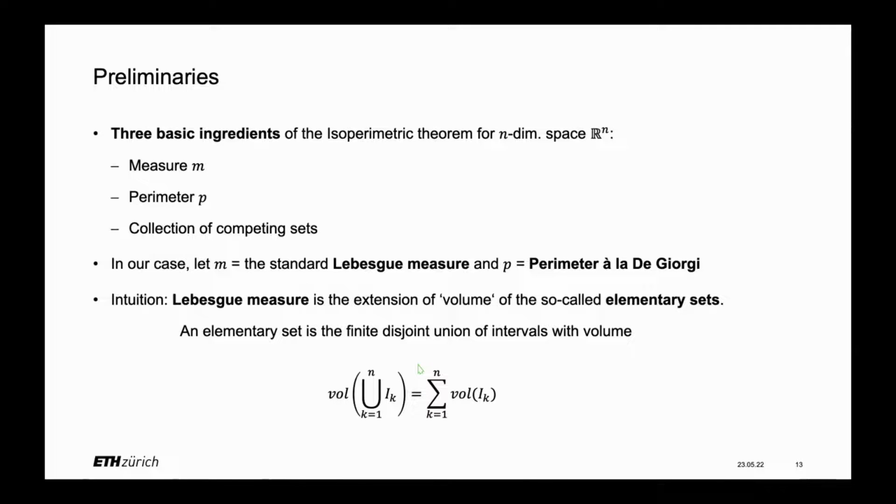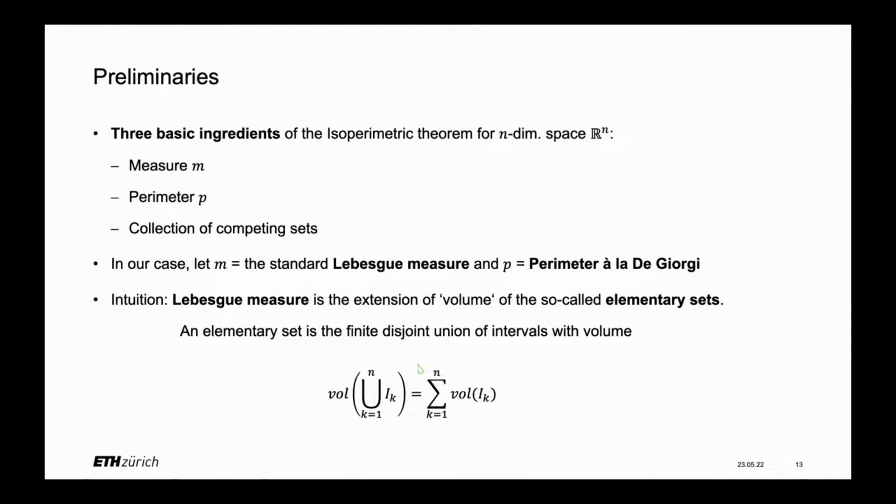In our case, we define m as the standard Lebesgue measure and P as the perimeter à la De Giorgi. This perimeter is named after the mathematician who first proved this. Let's look at what a Lebesgue measure is. Intuitively speaking, a Lebesgue measure is the extension of volume of the so-called elementary sets. And what is an elementary set?